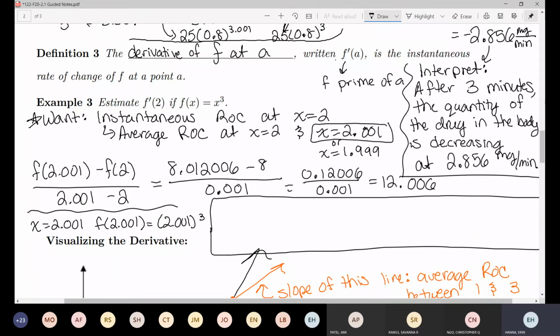Say you wanted to use the other value, 1.999, just to show that we can use it. Did I miss a 0? Yeah, no, I just missed a 0 when I was writing it down. I typed it into my calculator right, I just wrote it down wrong.